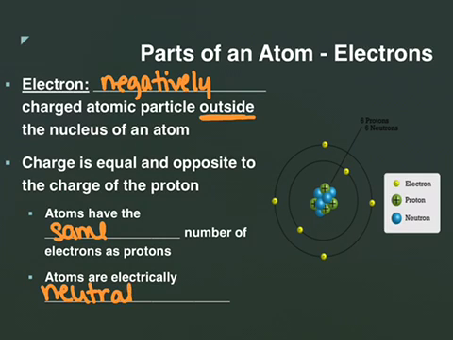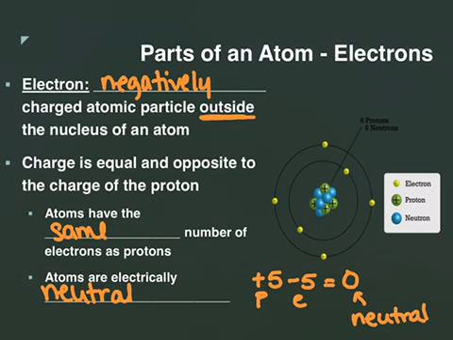They don't have a charge to them. So basically it's like saying we have a positive 5 and a minus 5, and if you do the math, it equals 0 or neutral. So the positive 5 would represent the protons, the negative 5 represents the electrons.